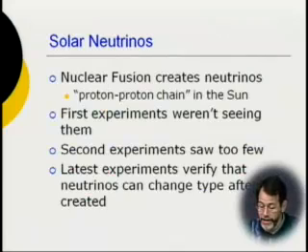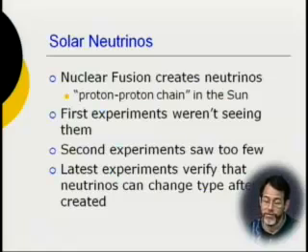Nuclear fusion will create neutrinos as well as helium in the proton-proton chain of the sun. So we realized this decades ago, and so people started trying ways of finding these neutrinos that were coming out of the center of the sun, because that would confirm, for one thing, that there is nuclear fusion going on in the center of the sun.